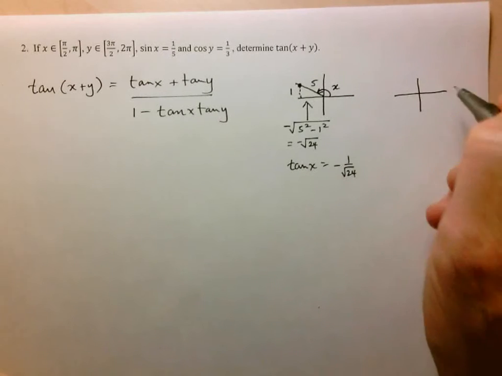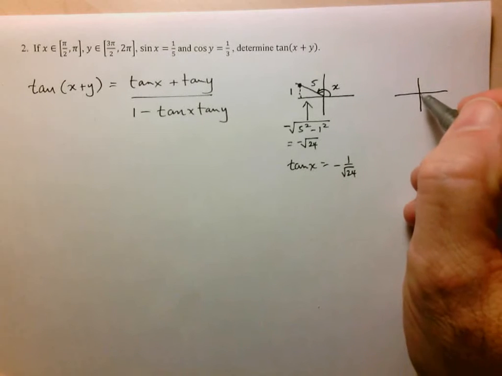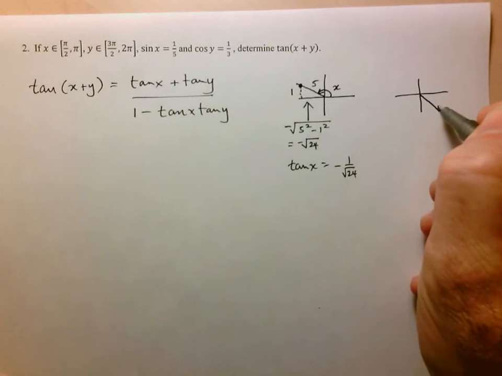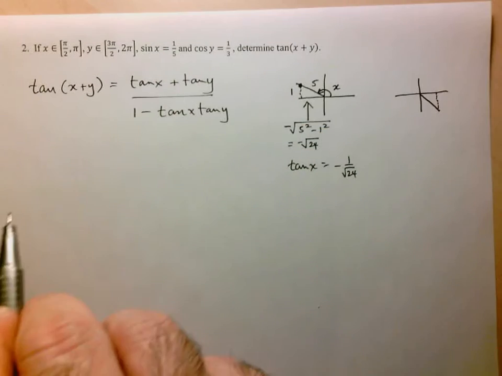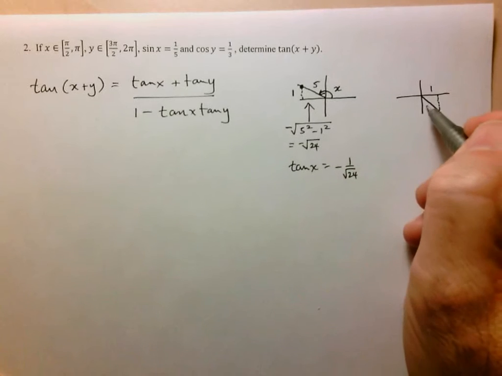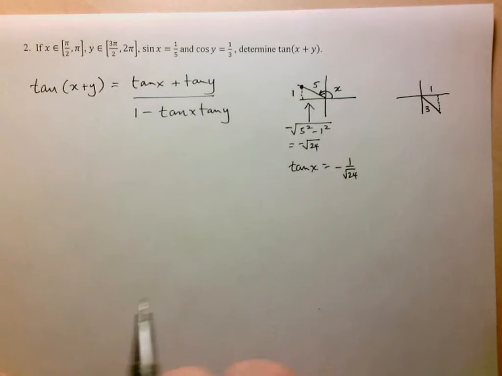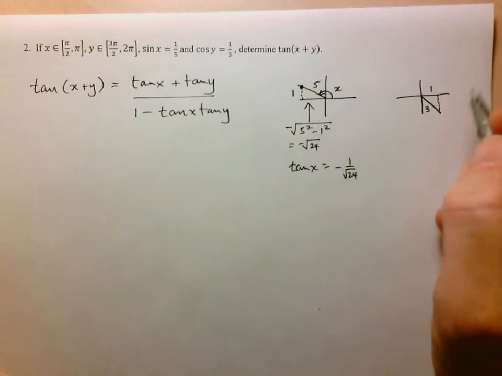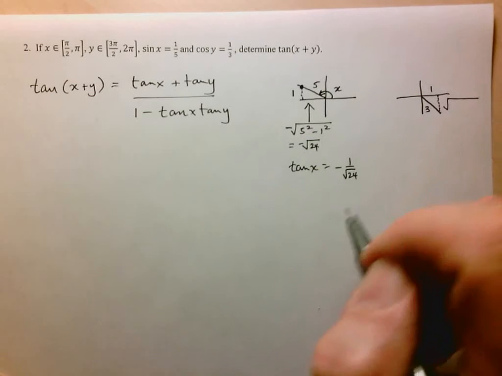Now we do the exact same thing for the angle y. The angle y is somewhere in the fourth quadrant. Since I'm given the cosine value 1 over 3, 1 represents the x value, 3 represents the r value, and to find this missing y value, again I just use Pythagoras.